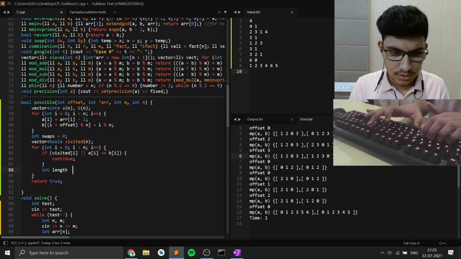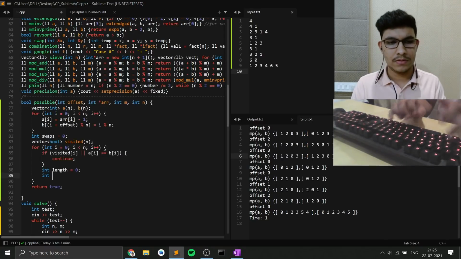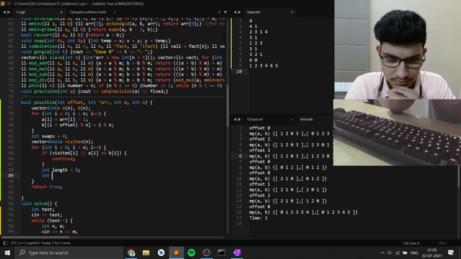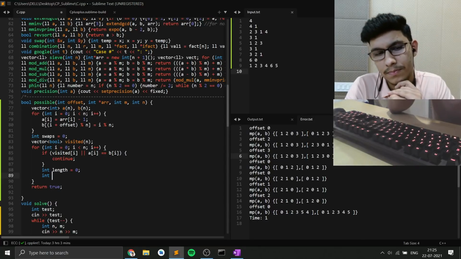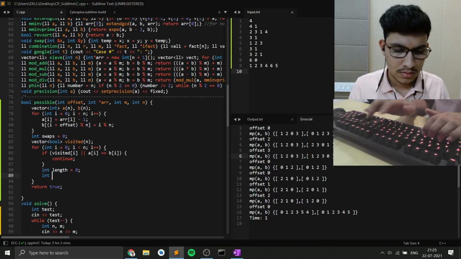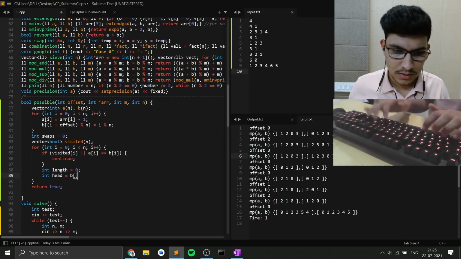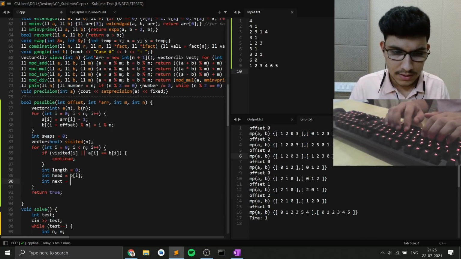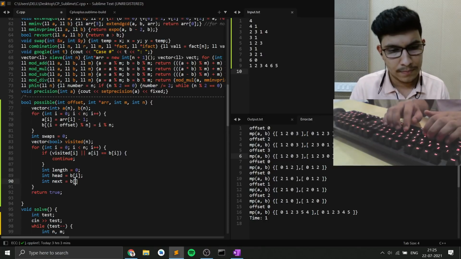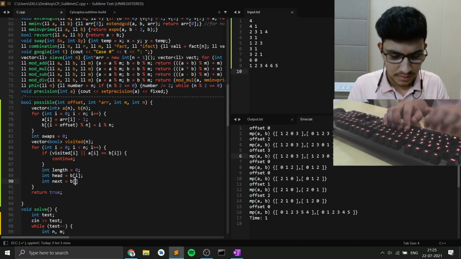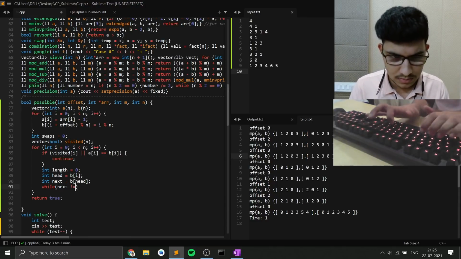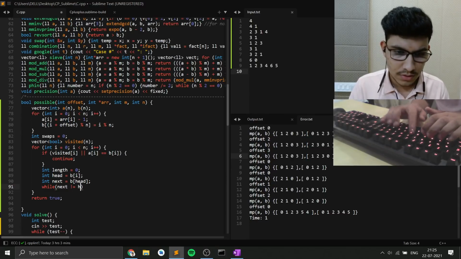So int length equals to, so I need to convert B to A, right? So head equals to B at I, right? Next equals to B at, while next is not equal to head.